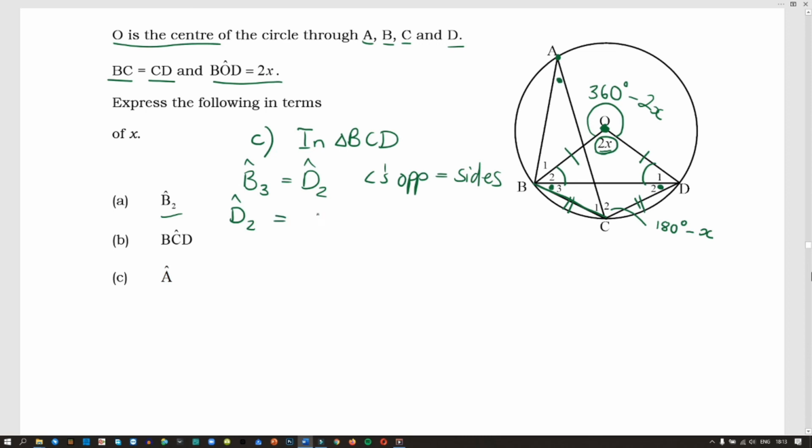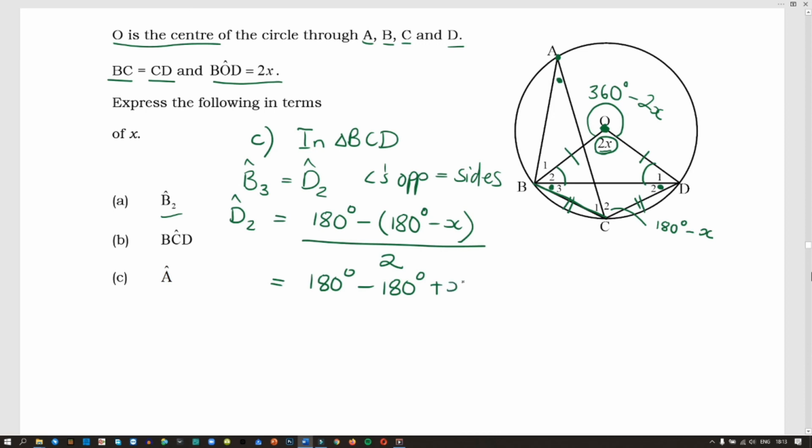That's going to equal 180 degrees minus C1 and 2, which is, I'm opening brackets now because I am subtracting. And it is going to be that all over 2. So then working that out, I'm going to have 180 minus 180 plus x, that's all over 2. I still need to put a reason in, I'll get there in a moment. So that's going to be x over 2. My reason is interior angles of a triangle.